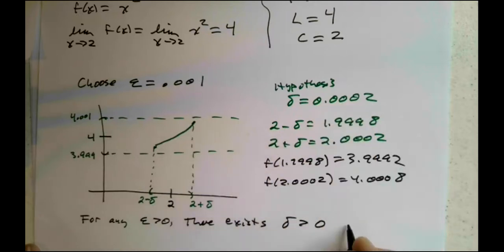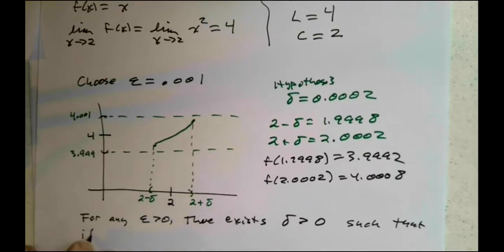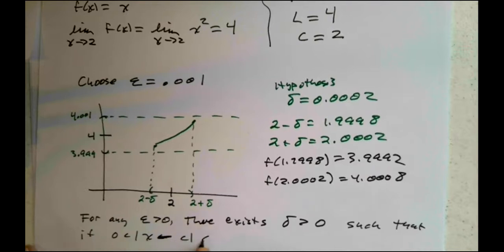There exists a delta greater than 0 such that if you pick any number in that interval except for the middle, if for any x in that interval, absolute value of x minus c is less than delta, which means it's close, other than, of course, c itself.